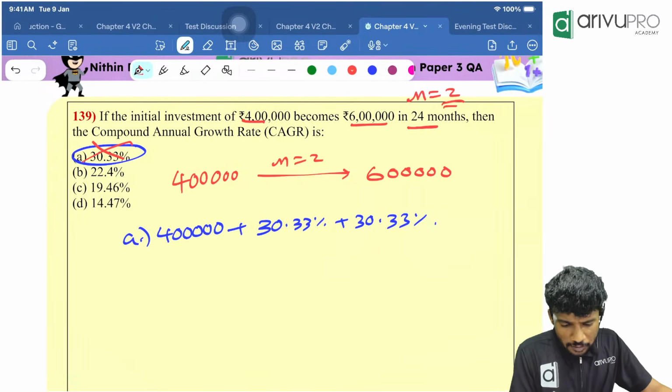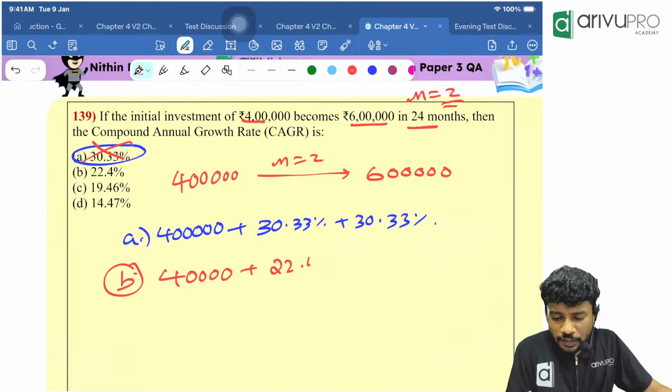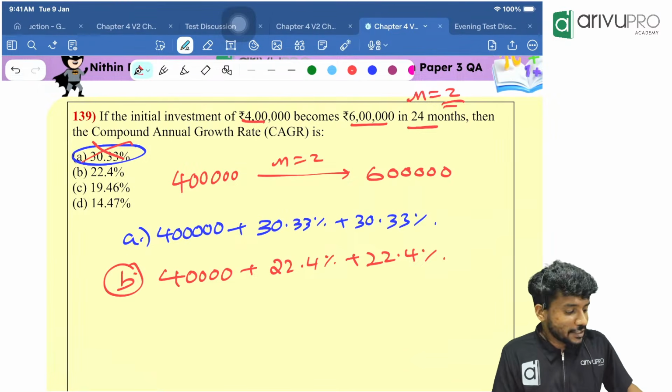Try option B. 4 lakh plus 22.4 percentage plus 22.4 percentage.